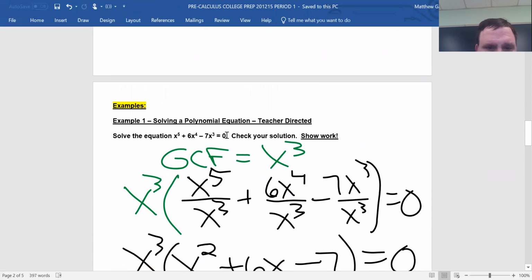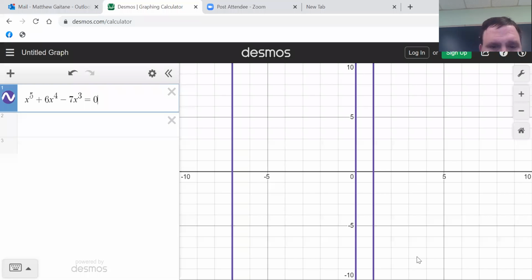So if you look at the graph of this, over on Desmos, no changes. And here we go.